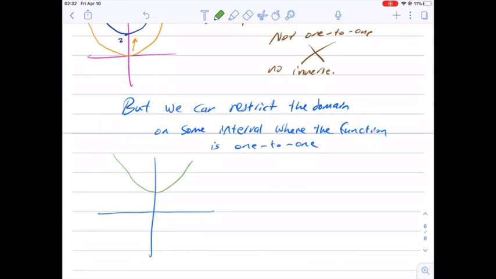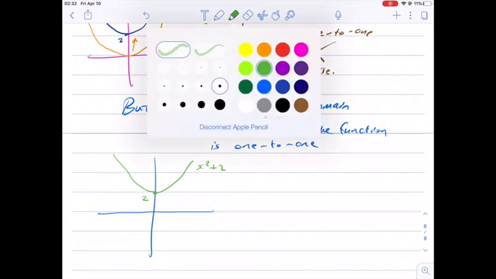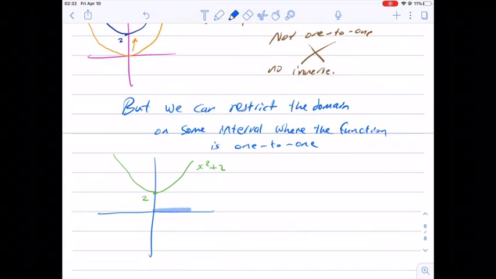Now this is x squared plus 2, and this is not a 1-to-1 function, but if we restrict the domain to this part, just the positive part of the function, we find that we have this curve, and this curve is 1-to-1, because if you choose any horizontal line, it will intersect this graph in at most 1 point. So we restricted the domain.